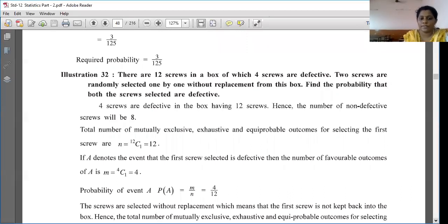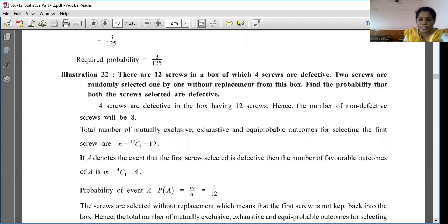A denotes the event that the first screw selected is defective, then M is 4C1. So your P of A is M upon N, that is 4 upon 12.